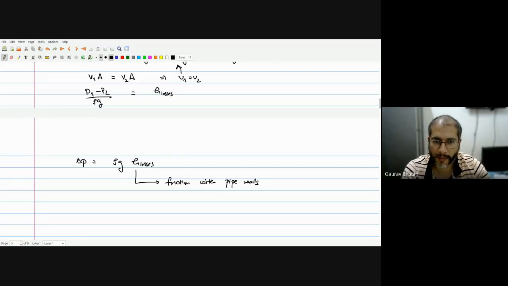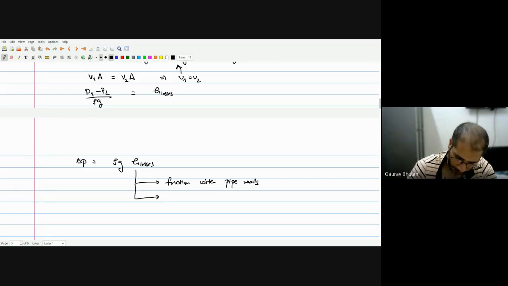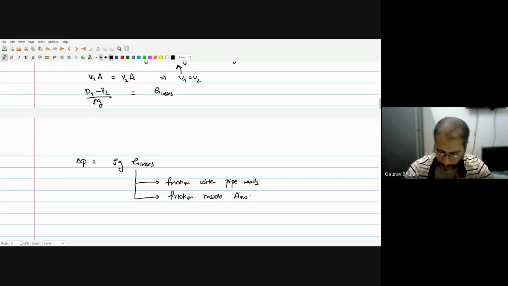There is a loss because of the friction that happens between the fluid and the pipe walls, and there are also losses because of friction that is happening inside the fluid, inside the flow. Okay, so we're talking about these kinds of losses.